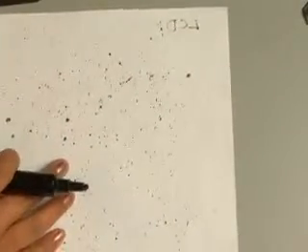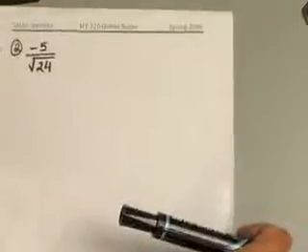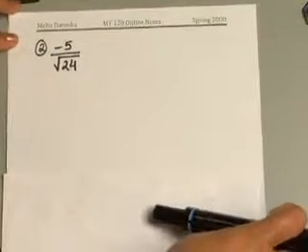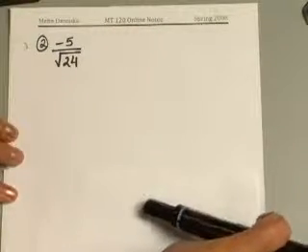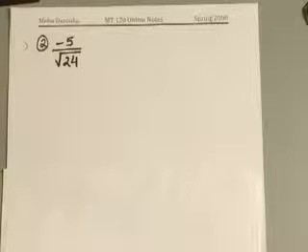Okay, let's look at another example to see how, again, this whole process works. This time we are talking about negative 5 over square root of 24.